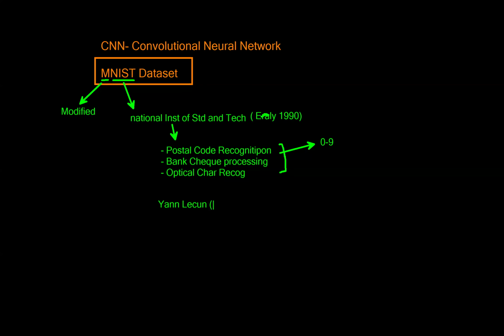This is a very important point: every digit in MNIST is 28 by 28 pixels. They removed the noise and inconsistency, and then standardized the format for ML. Now, after this modification, it's called, you can guess now, right?